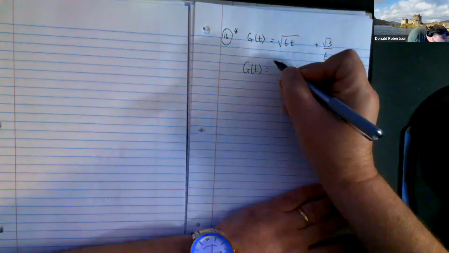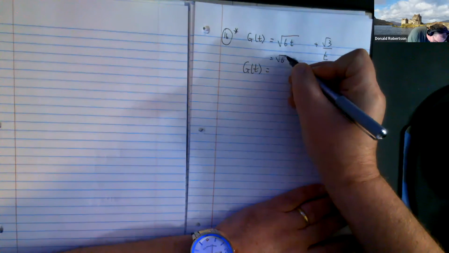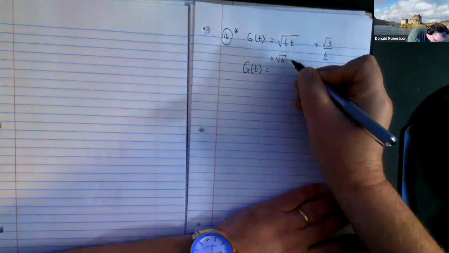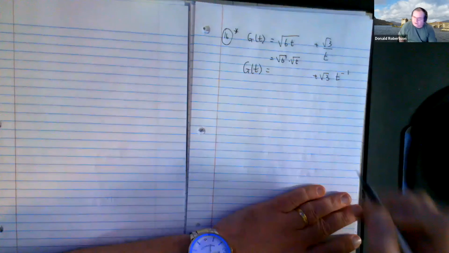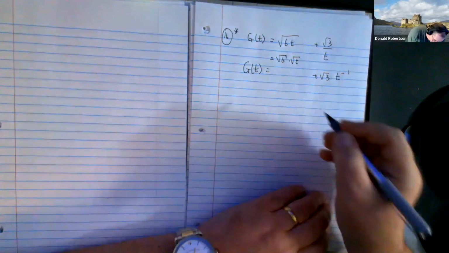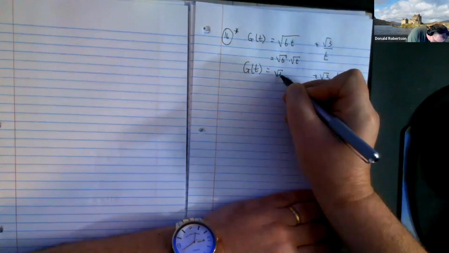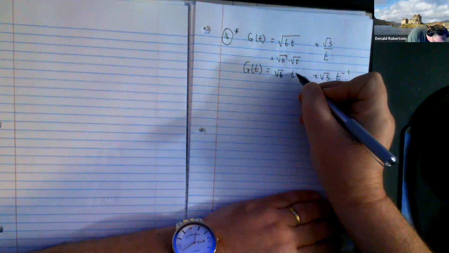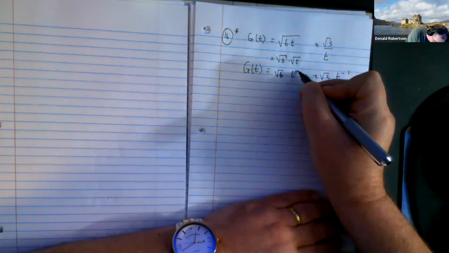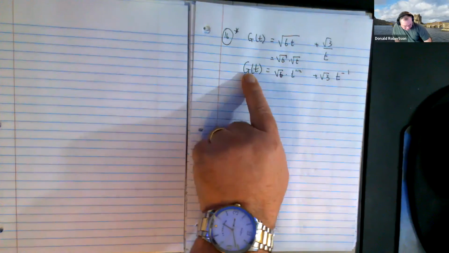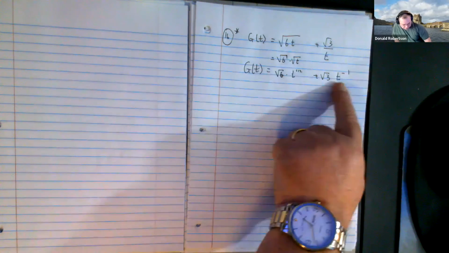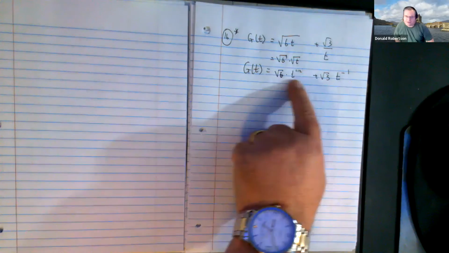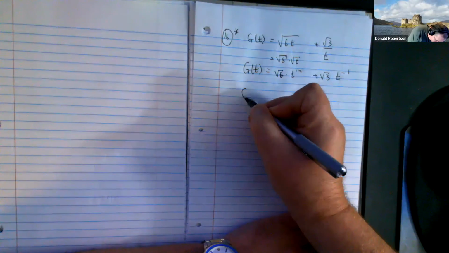So I'm going to put a little intermediate step here and call this the square root of 6 times the square root of t. You're allowed to split them. And that means I can call this the square root of 6 times t to the half. Now, all I've done here is get this original into a fractional power of t. Now we'll do the differentiation.